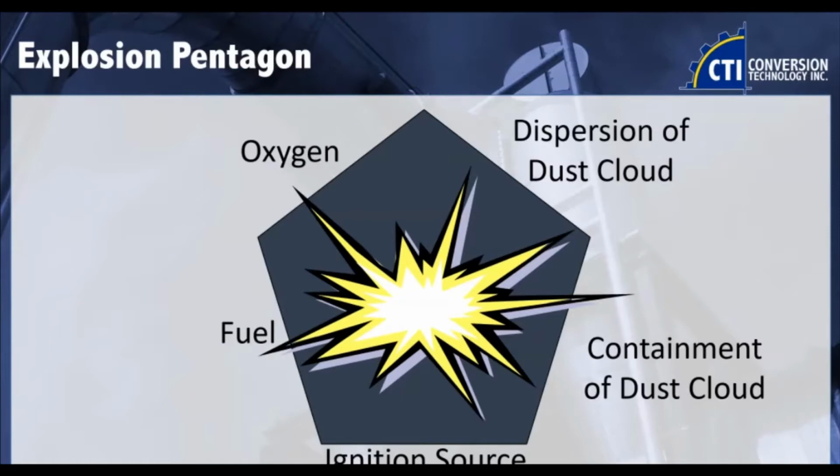So you basically have a heat source or flame source mixed with a dispersion of dust in a cloud form, and then containment of that dust cloud. So you have a fire with a rich dust cloud that is contained, so that overpressure will occur and explode and blow the equipment. So that is the explosion pentagon.